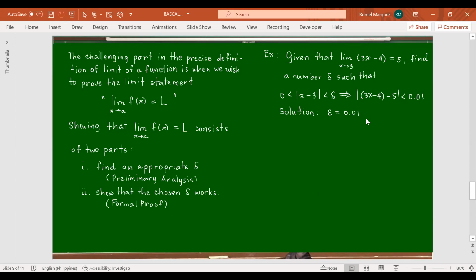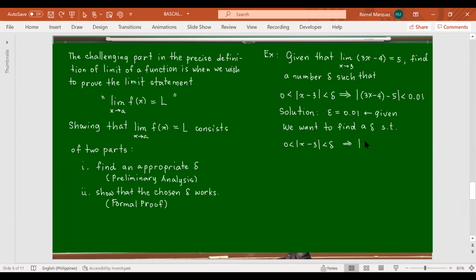We want to find a delta such that this inequality, absolute value of x minus 3 is between 0 and delta, then this difference, what is my f of x? 3x minus 4, no?